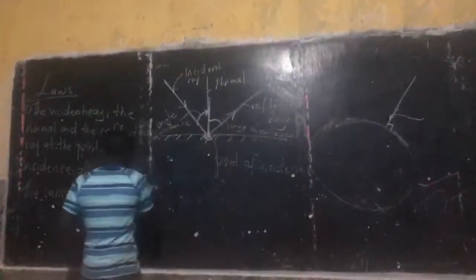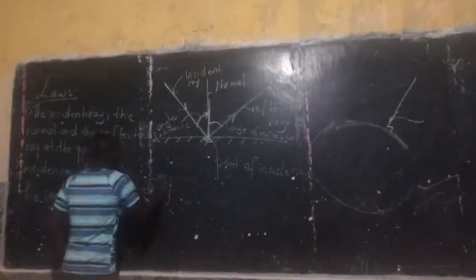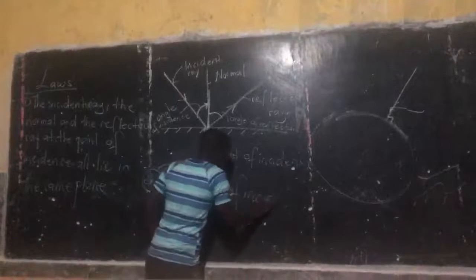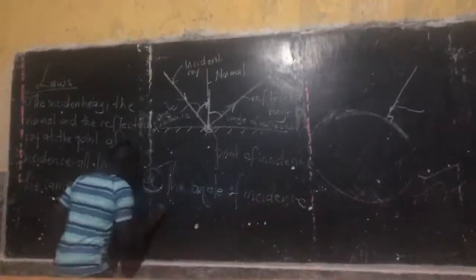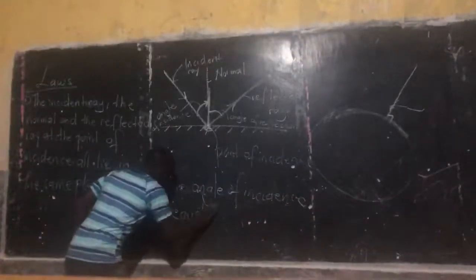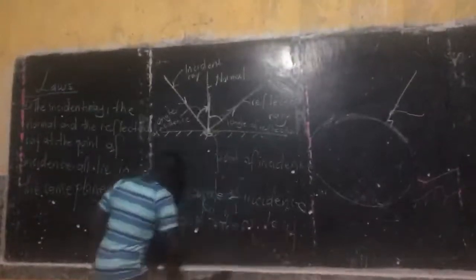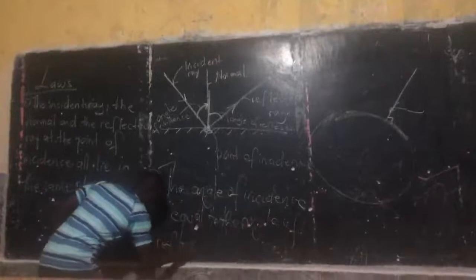The angle between the incident ray and the normal is the angle of incidence. The angle between the reflected ray and the normal is the angle of reflection. So the second law: the angle of incidence is equal to the angle of reflection.